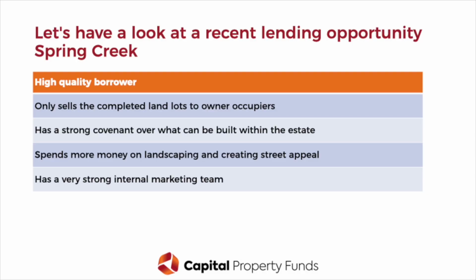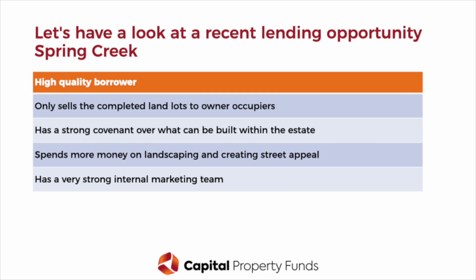I'll also talk a little about their philosophy. This particular developer will only sell the completed stock to owner-occupiers. The reason is that he's got 1,000 lots to sell, about a 90-hectare block of land, and he wants the quality of the estate to be quite high.